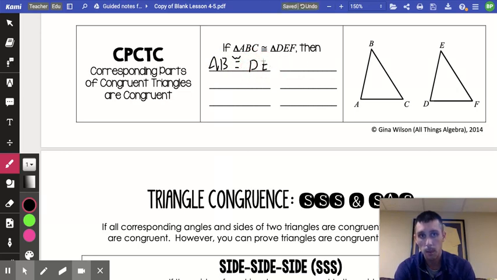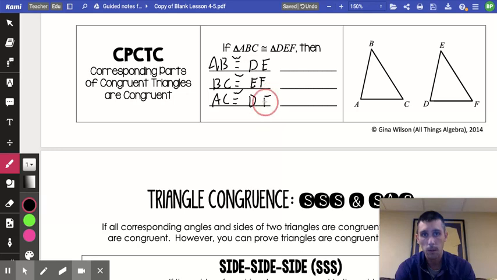Then BC. BC is the last two, so the last two here is EF. And then the last side would be AC, which is the first and the third, so the first and the third is DF.